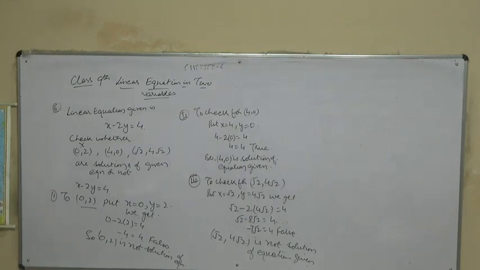As we see, there are a number of solutions for a particular equation, and we have checked the various solutions for a particular equation, whether they belong to that equation or not. So this is for today, and tomorrow we will be doing the graphs of the linear equation in one variable, then in 2 variables. And this is enough for today.